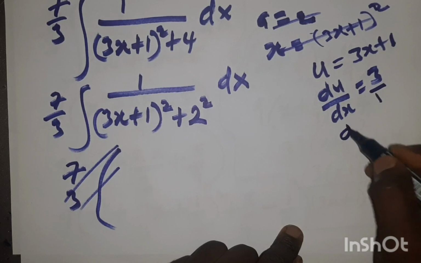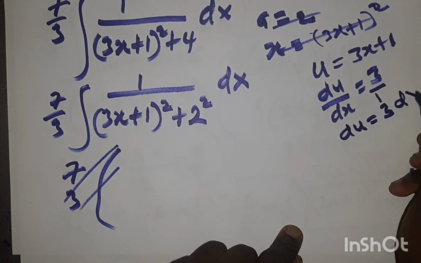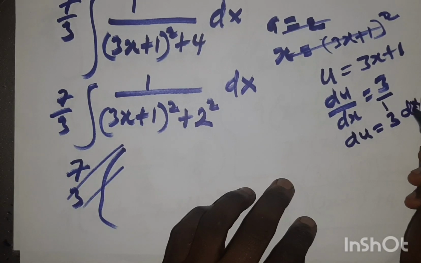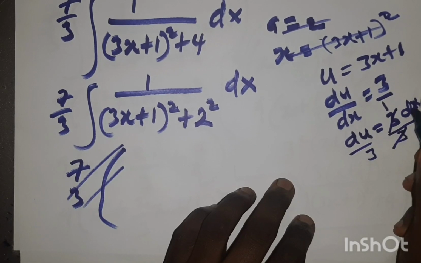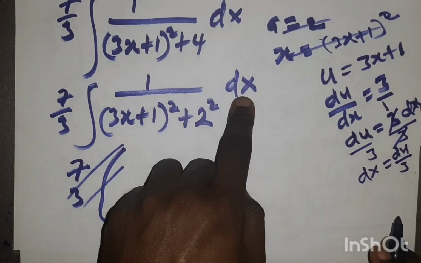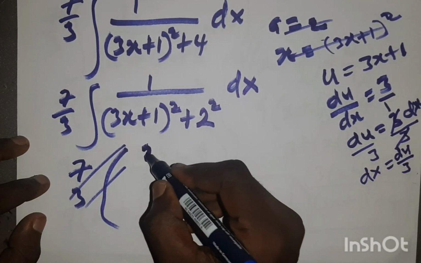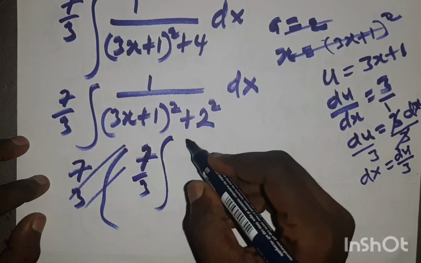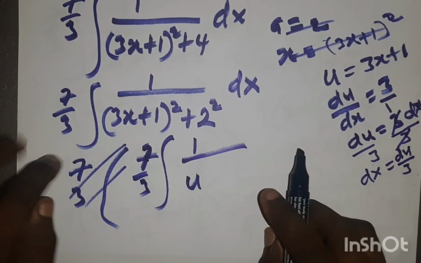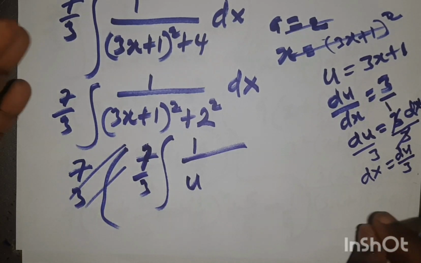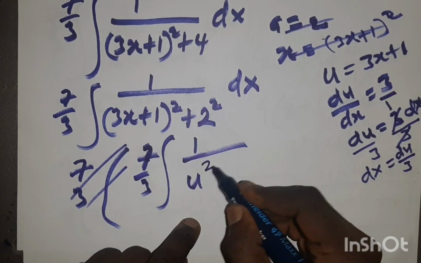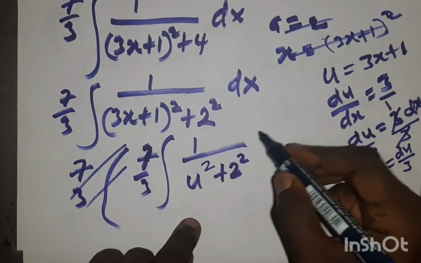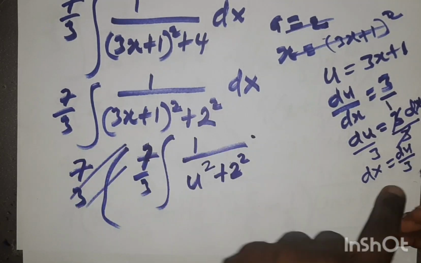The du times 1 is the du equals 3 dx, then dividing both sides by 3, I have dx equals du over 3. So I'm replacing this dx with du over 3. So I now have 7 over 3, and the integral of 1 over u squared plus 2 squared, then we now have dx being du over 3. I'm doing this so that I can make my trig substitution much easier.